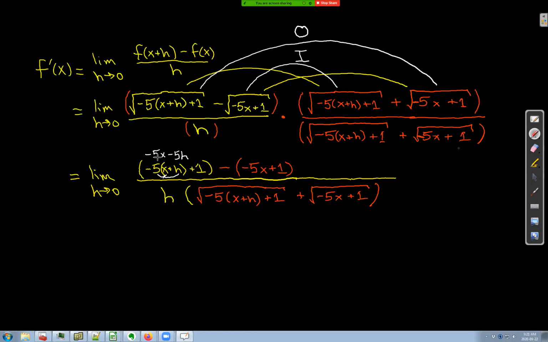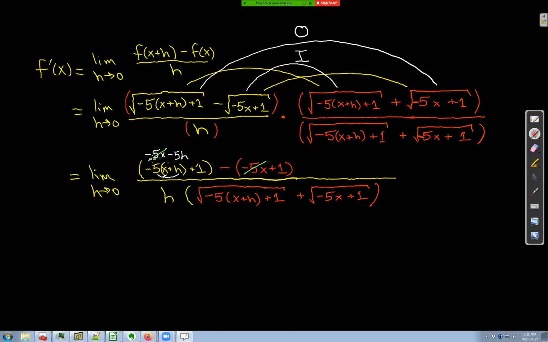Here's a negative 5h, and here's a negative 5h. So the point is that this 5, did I say h? I meant to say x. So this negative 5x and this negative 5x, they're going to knock each other out.